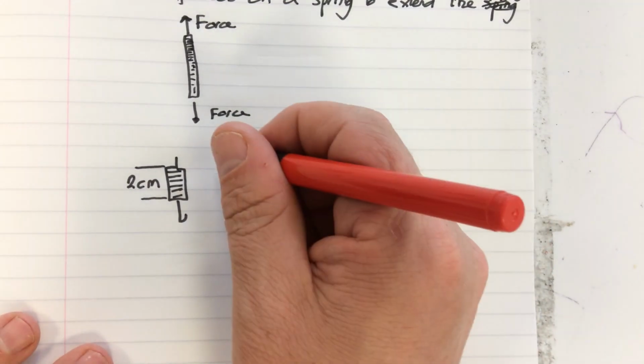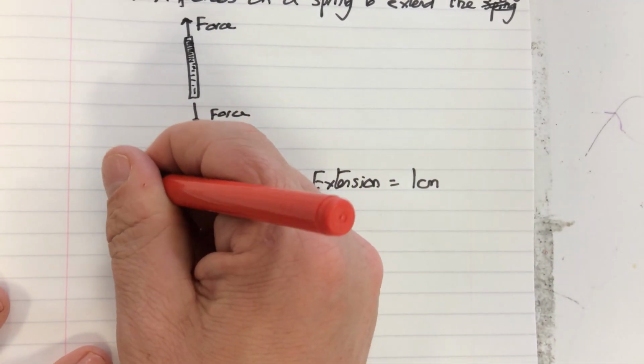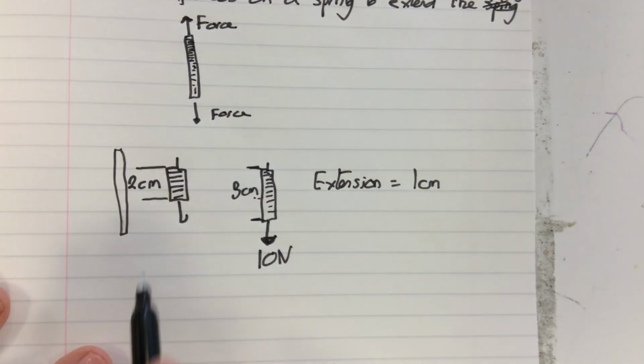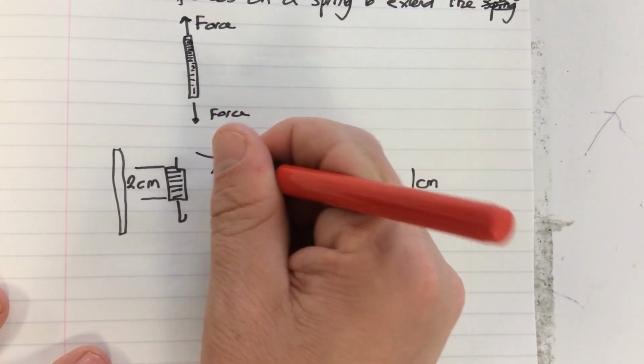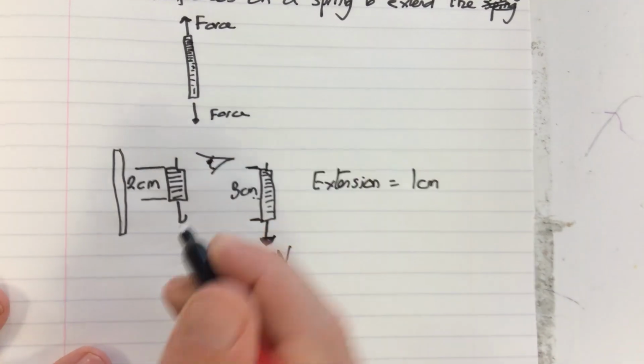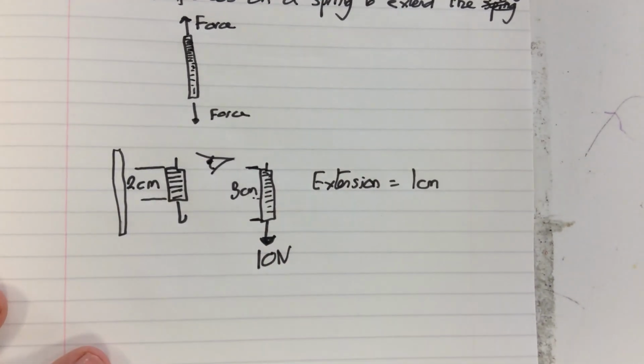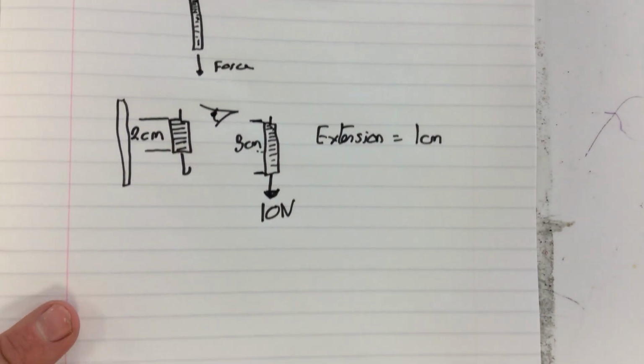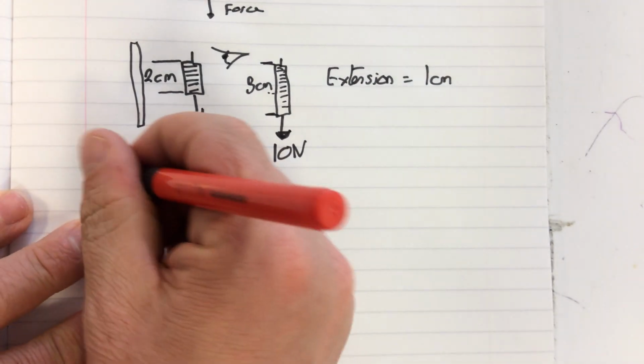So you tend to find that when you do experiments like this, they tend to have meter rulers there, and you look across, that's meant to be an eye, and you can see where these different lines are. Okay, so I've mentioned Hooke's law.